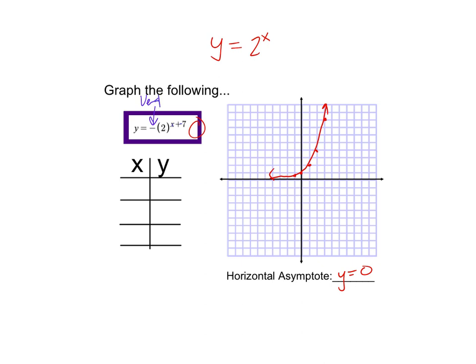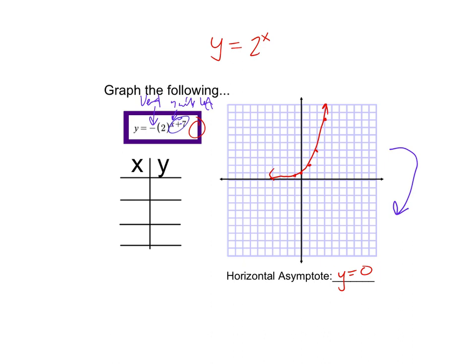But then we've got x plus 7, so this should be 7 units to the left. So what we should do here is actually vertical reflection, so turn this over to the bottom, and then move it 7 units left after we turn it over to the bottom. So again, the way I like to set up the table here is, what makes the exponent be 0?